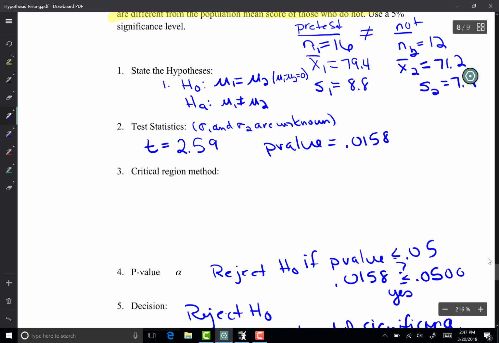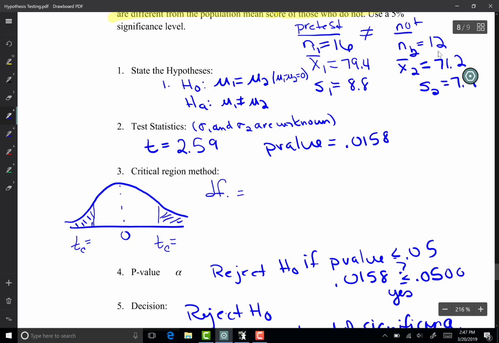Okay, the critical region method, which I'm not sure I gave you homework on, is very similar to the one sample. Since this is a two-sided test, two-tailed test, we have to find the positive and negative critical values, and then we see where our test statistic falls. Our degrees of freedom, there's a formula for it, but in this book they use the smaller of the two n's.